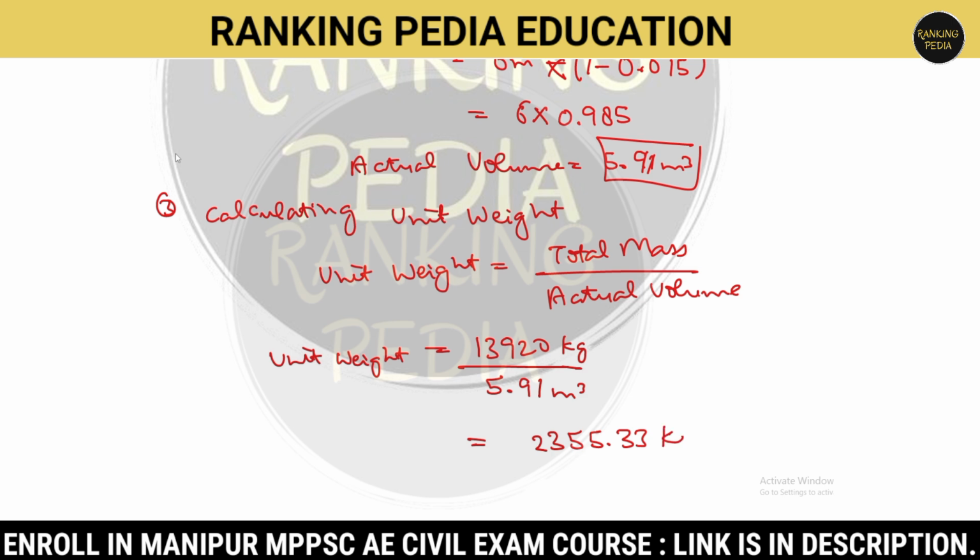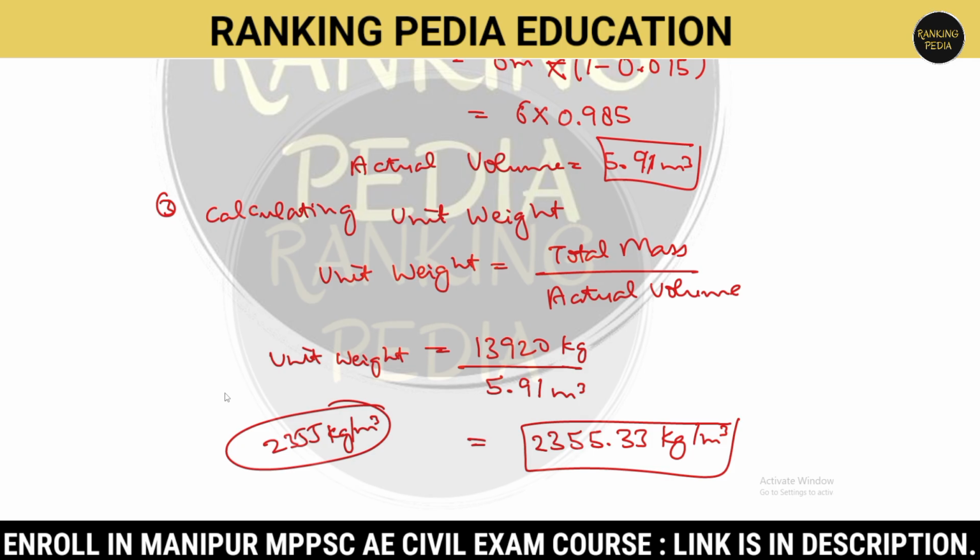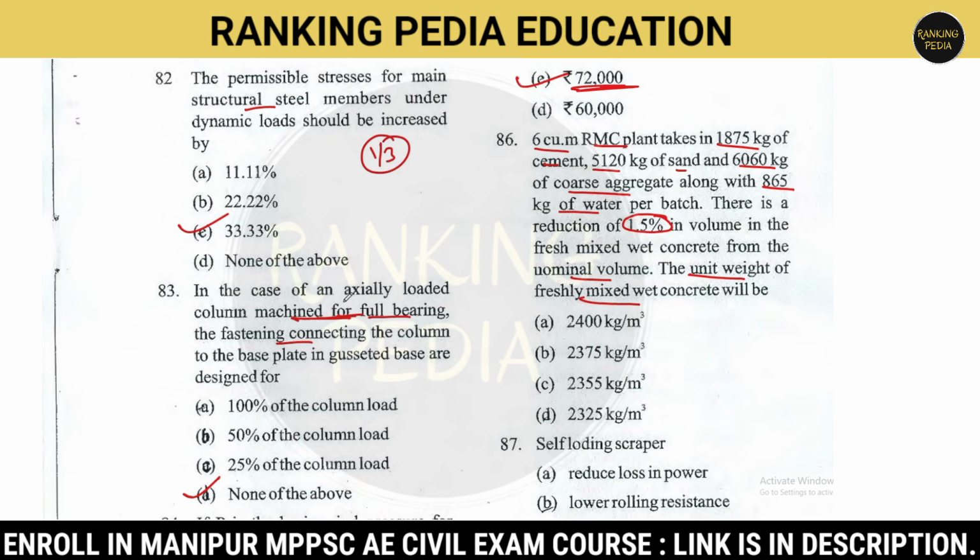We get 2355.33 kilogram per meter cube, which is the unit weight. So we can say the value is approximately 2355 kilogram per meter cube. Here option C is correct.